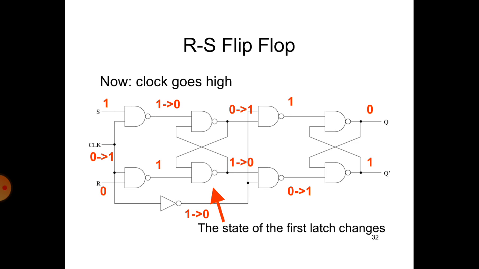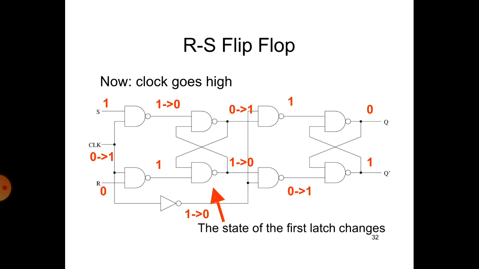So in this slide, the state of the first latch changes. So here S will be 1, R will be 0, clock will be 1. What will be the output of first and second AND gate? 1, 1. So that will be given to the input of third and fourth NAND gate.